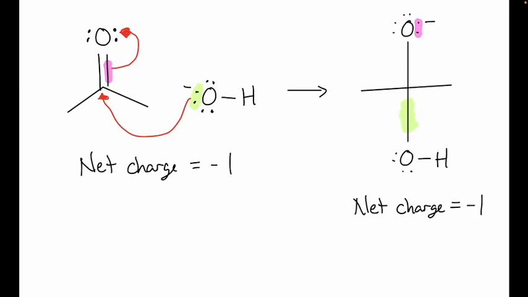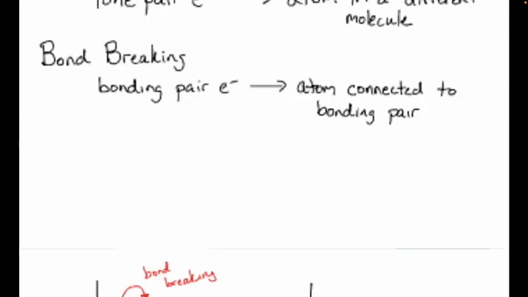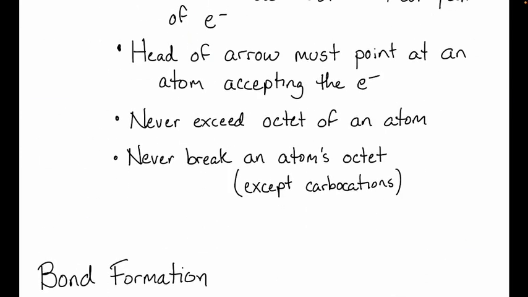This is what's called conservation of charges. Charges can be one of the trickiest things when you're drawing structures. So remembering this idea of conservation of charges, whatever the total amount of charge you have on the left is, you've got to have that same total amount of charge on the right. Okay, so let's add that to our little list here of things to keep in mind. Charge conservation.